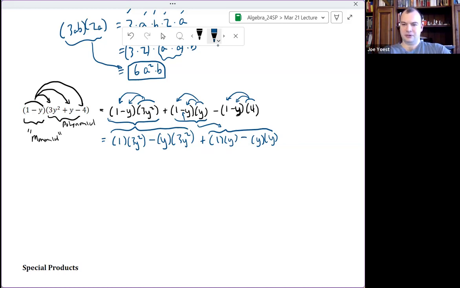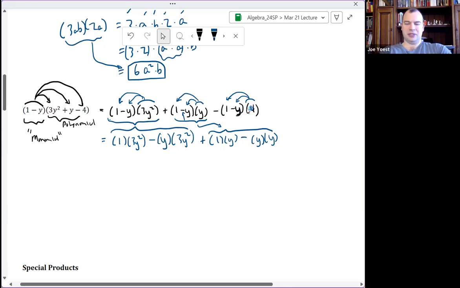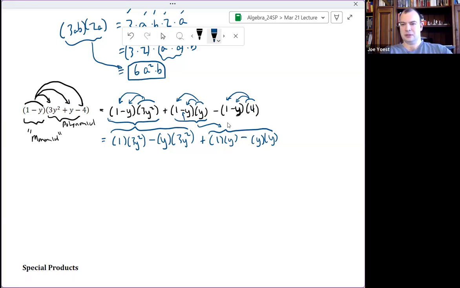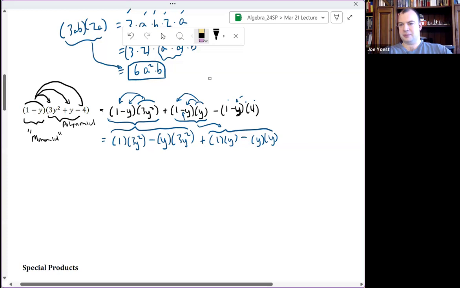And then here I have to be careful. I have a minus 1 minus y times 4. I know that when I have a minus something and I'm trying to do a distributive property, it's really easy for me to mess that up. So I'm going to make a minor edit to this before I do my distributive property. Let's see if my tech will work with me today. Oh, not quite. I missed the parentheses there.